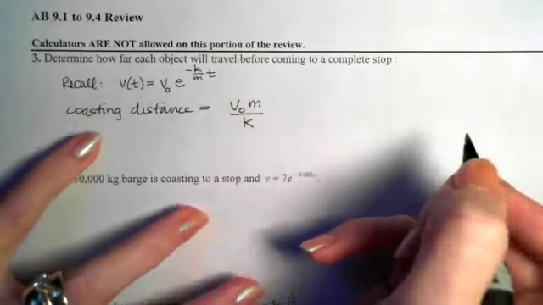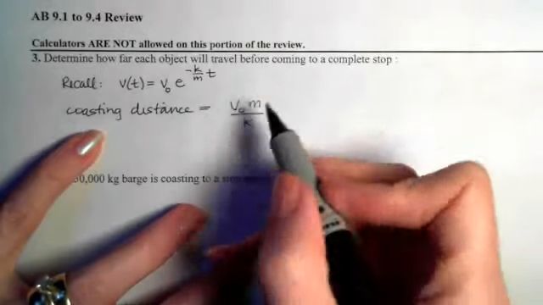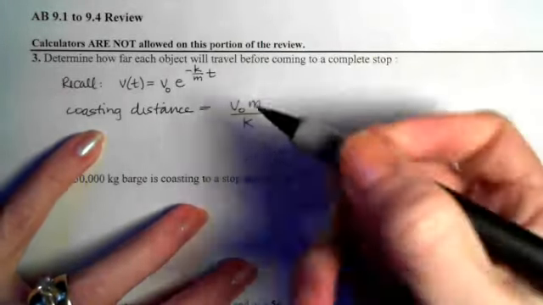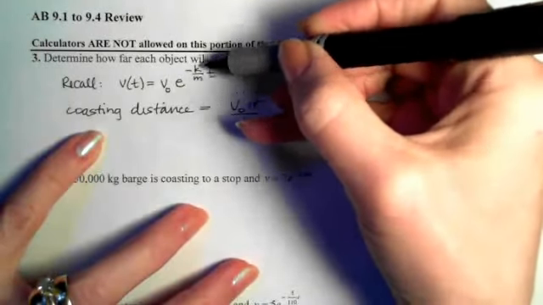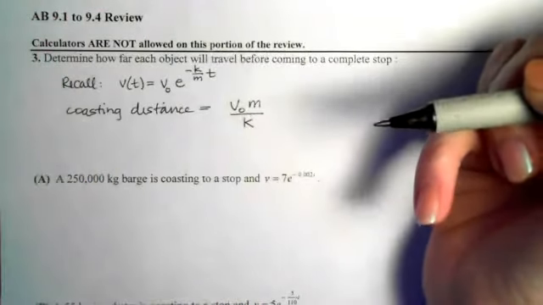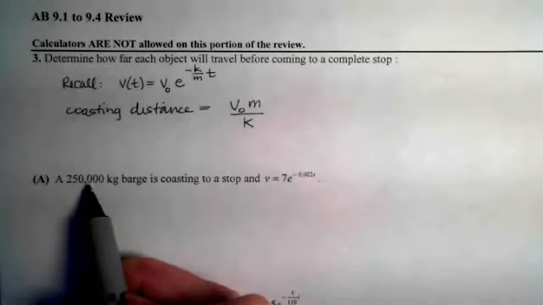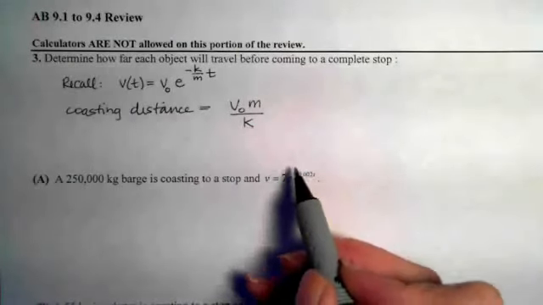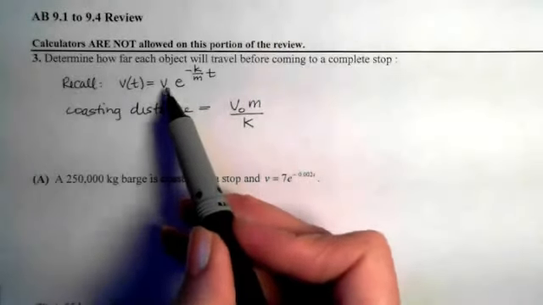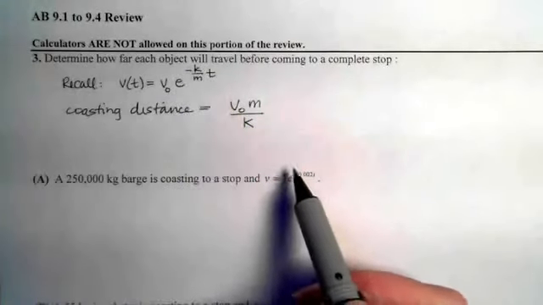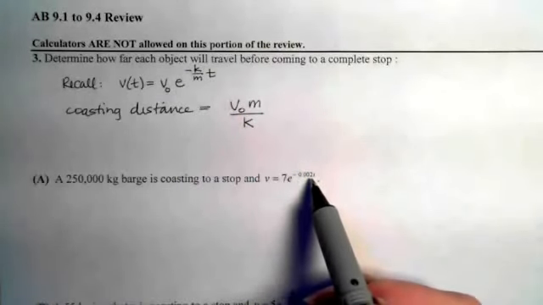So if in all of these problems we can identify the v initial and the m and the k, or if we know the ratio of k over m, then we can compute the coasting distance. In part A, we're given the mass, and we're also given this velocity function. So v initial is 7, and we were given the ratio of k over m, which was 0.002.